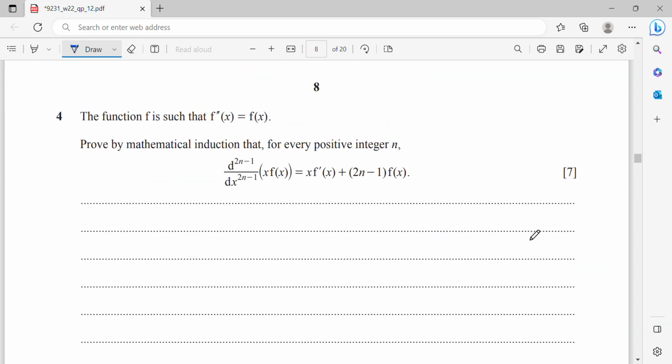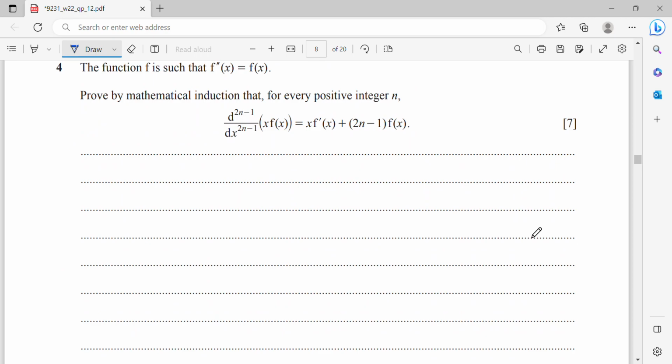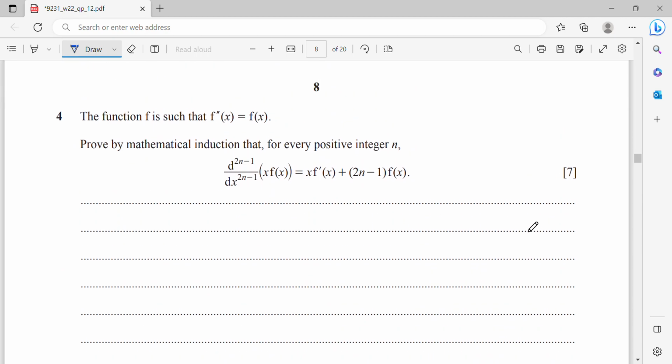Now let's move on to question 4. The function f is such that f double prime, the second derivative, is equal to f(x). Prove by induction that for every positive integer n, differentiating x f(x) 2n minus 1 times gives x f prime(x) plus (2n minus 1) multiplied by f(x).